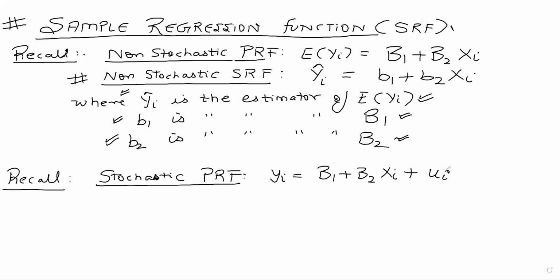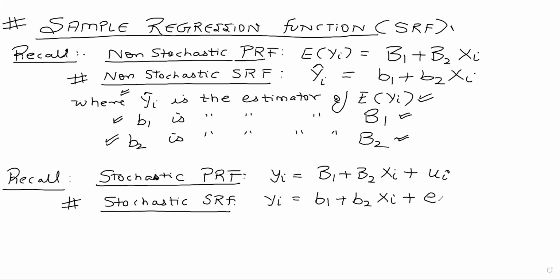So yi is my actual y, B1 plus B2 xi is my expected value of y, plus the random or disturbance variable ui. Now, corresponding to it, what will be my stochastic sample regression function? It will be yi is equal to small b1 plus small b2 times xi plus ei, where b1 is used to estimate capital B1, b2 is used to estimate capital B2.